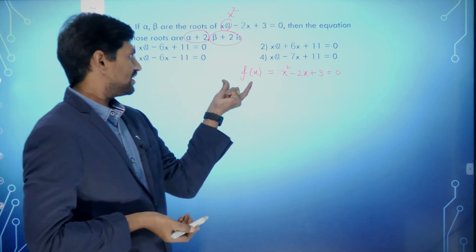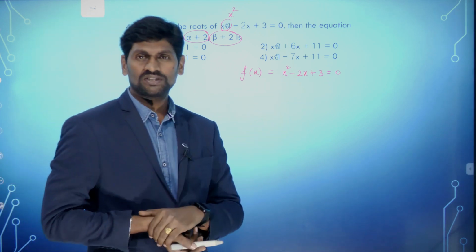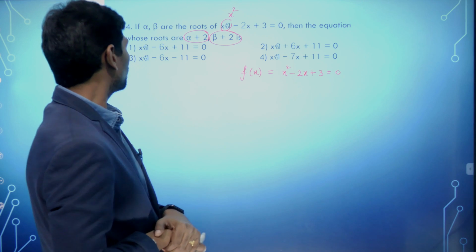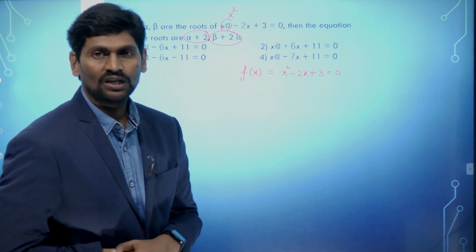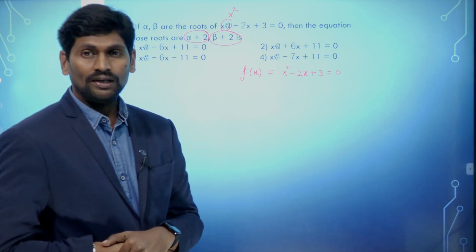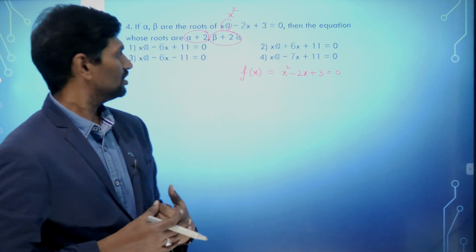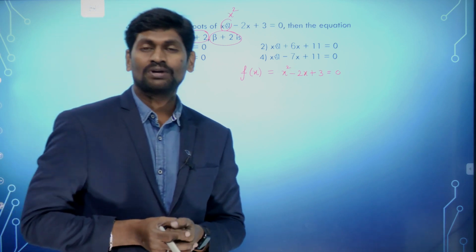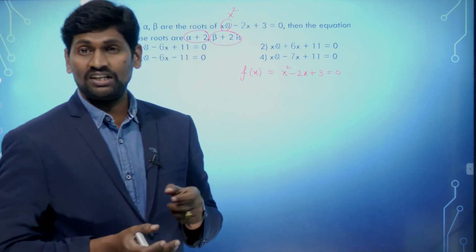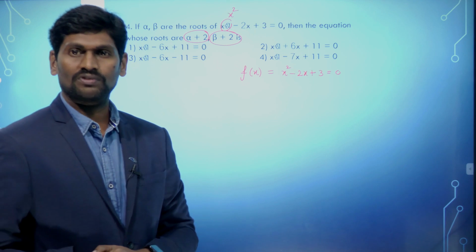If f of x is x square minus 2x plus 3 equal to 0, then what is the required quadratic equation, children? F of x minus k. What is the k value here? 2. That means f of x minus 2 is our required quadratic equation.